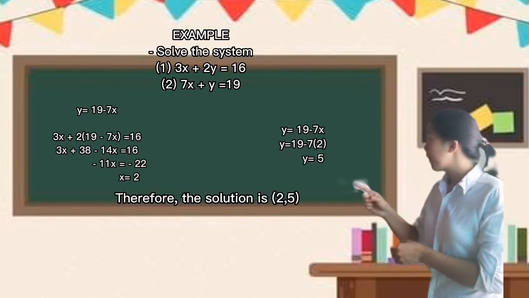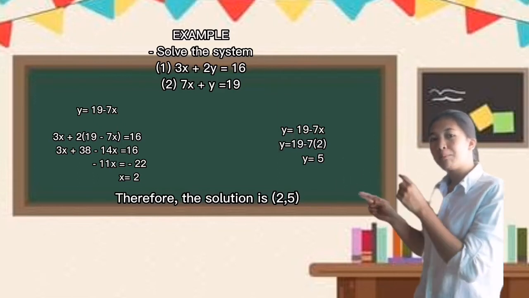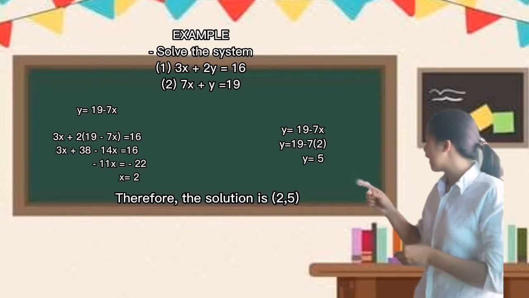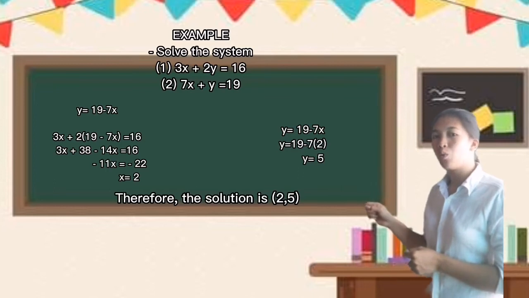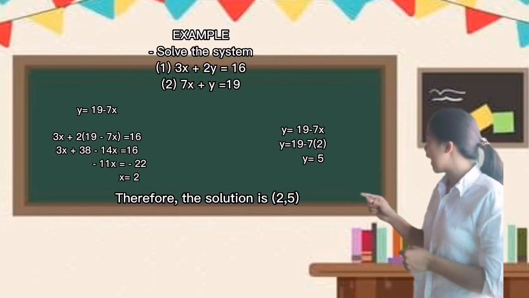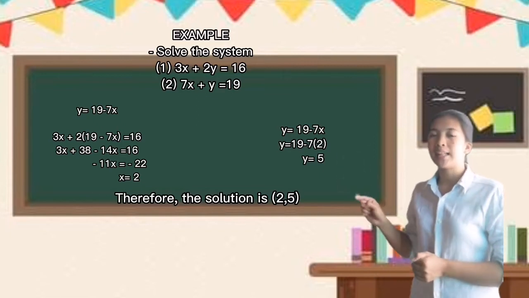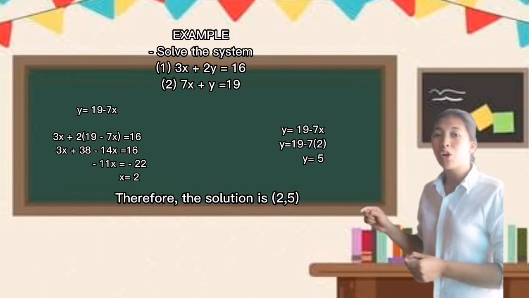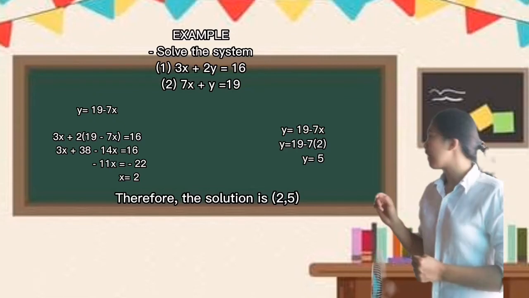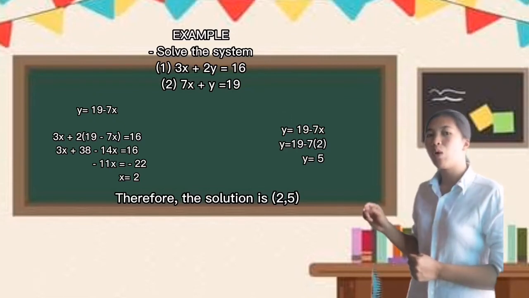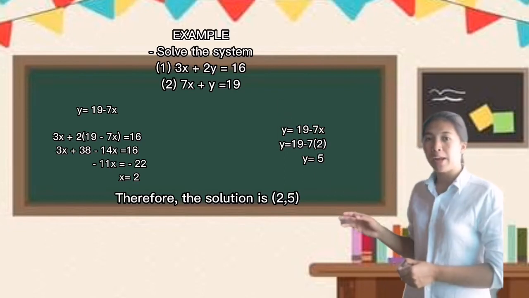So y is equal to 19 minus 7 times 2, then we have 19 minus 14 is equal to 5. So we have y is equal to 5. Therefore, the solution is 2 and 5. The value of x and y is 2 and 5. This would be the ordered pair.